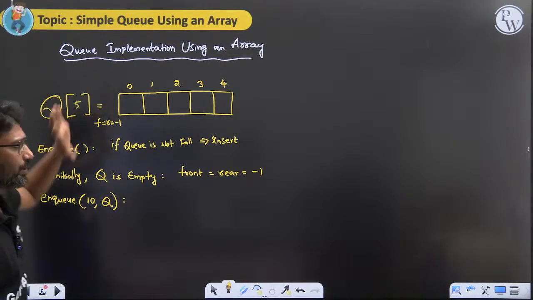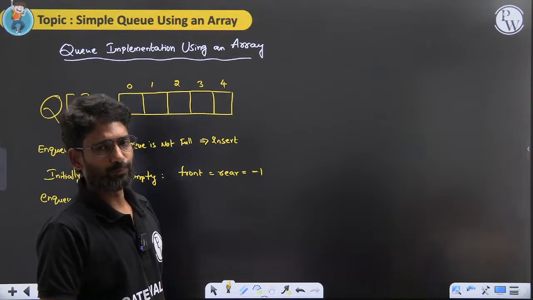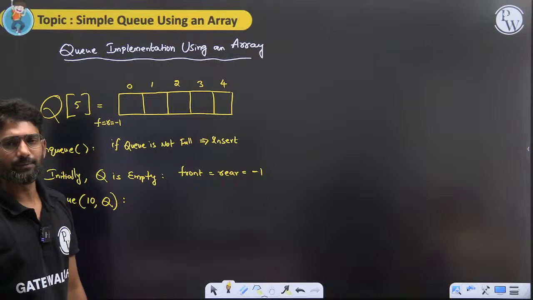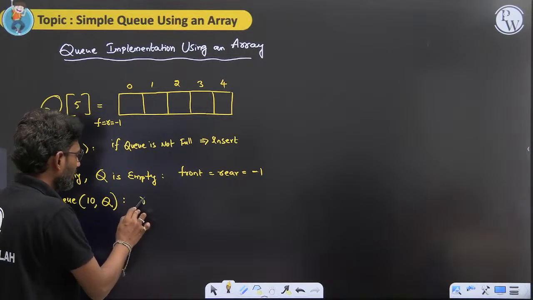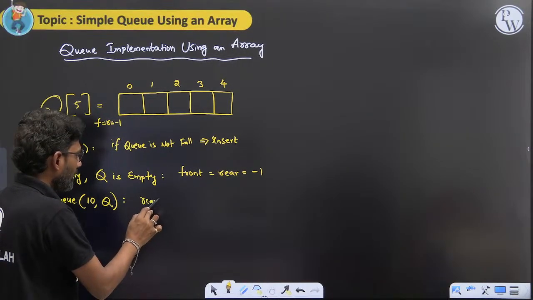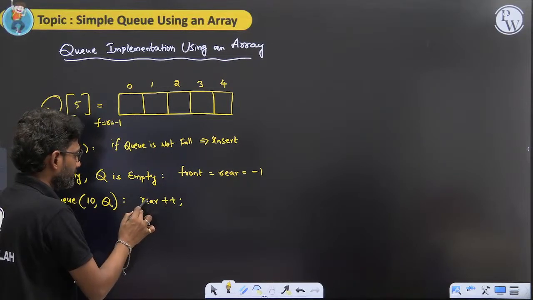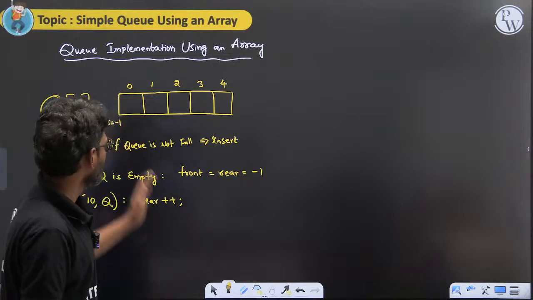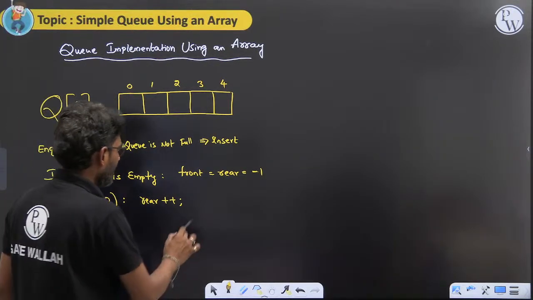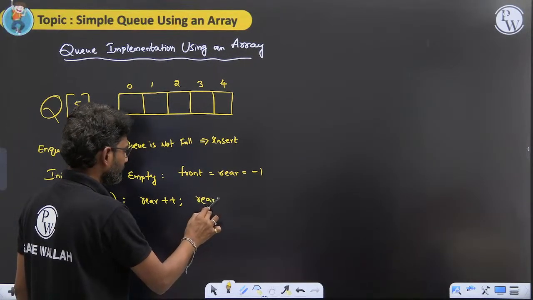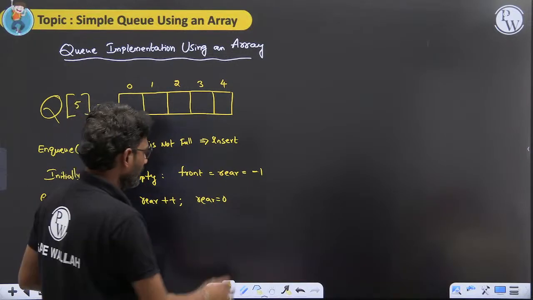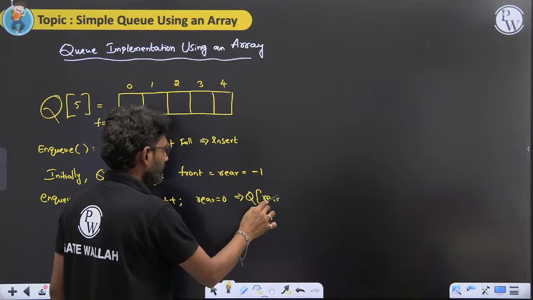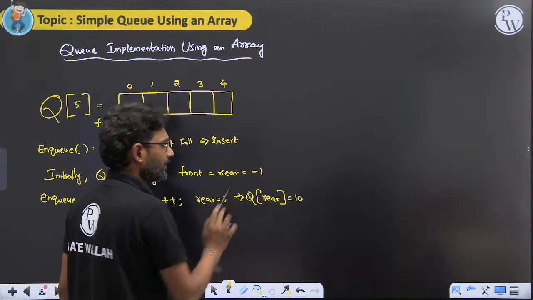So how can I enqueue? Through the rear end. But rear is at -1. So what do I have to do? I have to increment rear. When I increment rear, rear becomes 0. Now in queue of rear, I can insert the value. So queue of rear is equal to 10.